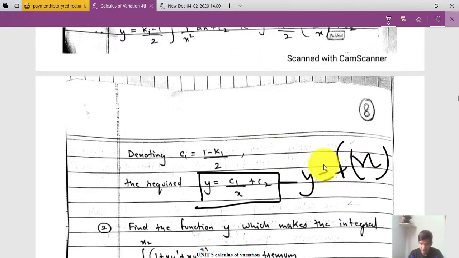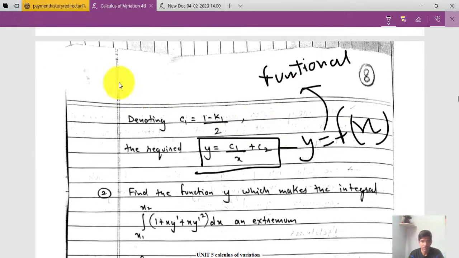Okay, now for this equation, the above equation is extremum or minimum. For this particular equation, that is the above given functional, is it maxima or minimum, right? Fine. And the given functional was given from x1 to x2, where f is a function of x, y and y'.